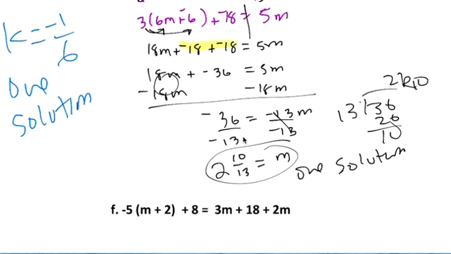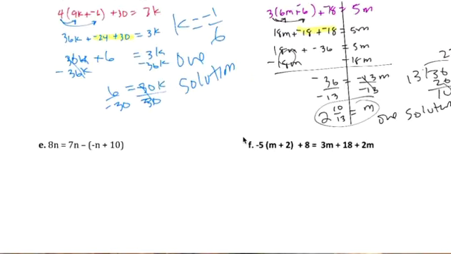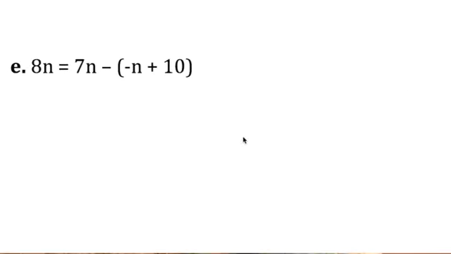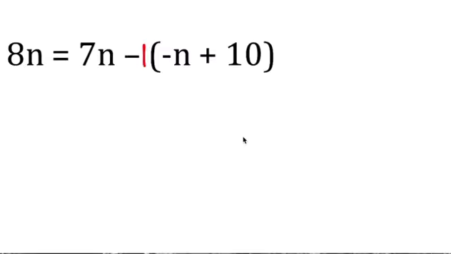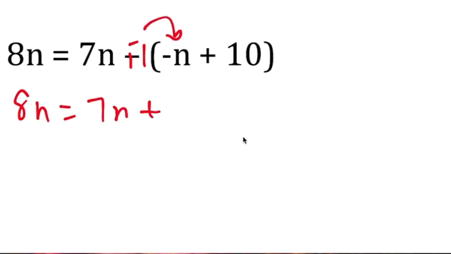Notice even though I didn't draw in the line there, it's all lined up nicely. Okay, make sure you remember the invisible 1 here. Additive inverse. 8n equals 7n. That's a positive n.